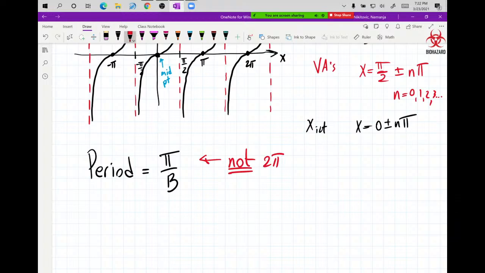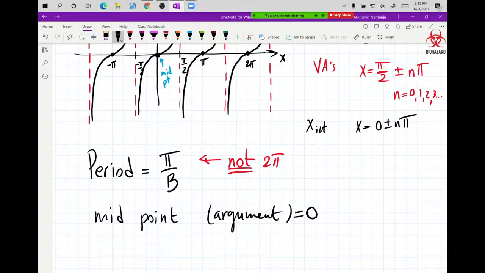So you have 4 trig functions whose period is 2 pi. And then you have these 2 functions that have period as pi. So you have the 2 values there. So that's the period. Then the midpoint is the argument equal to 0.